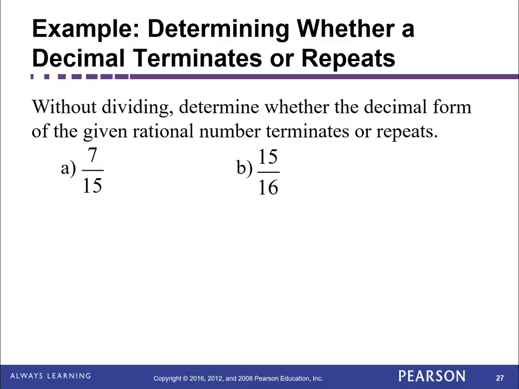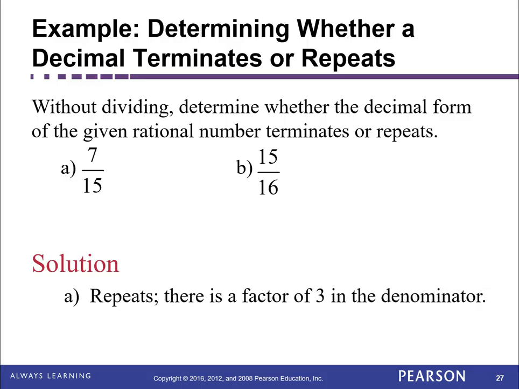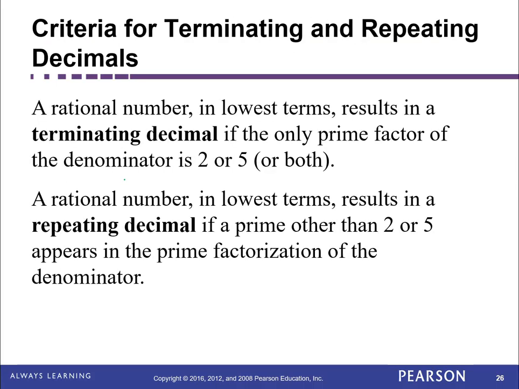Without dividing, determine whether the decimal form of the given rational number terminates or repeats. So for the first one, it's going to repeat because there is a factor of 3 in the denominator. Okay, and 3 is a prime number, right? Let's go back to the repeating decimal definition.